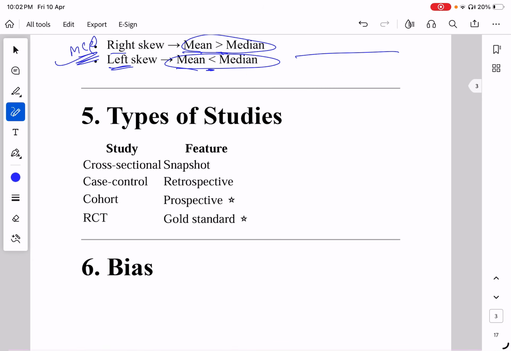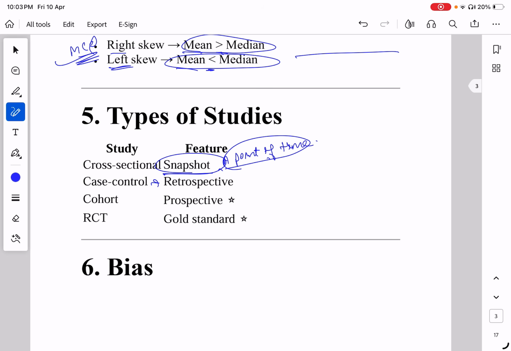Okay. Now types of study: cross-sectional study, snapshot. Snapshot means the study which is occurring at a point of time. Like if you are going to an OPD, and at that point of time you are taking data from a particular group of patients and you are not following those patients for any further follow-ups, nor are you going in the retrospective direction, so that is a cross-sectional study.